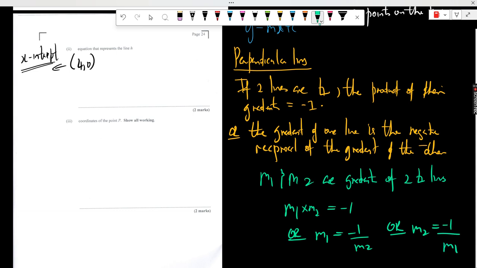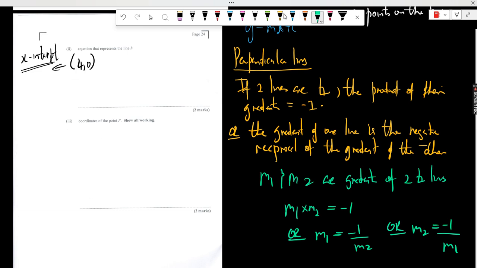Okay? Whenever we talk about perpendicular lines, we know the product of their gradients is equal to -1. So the gradient of one line is equal to -1 over the gradient of the other line. That is what we mean by the negative reciprocal.